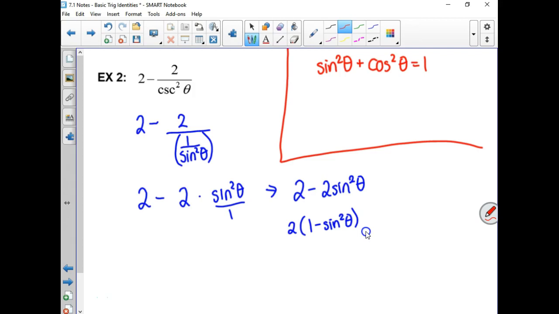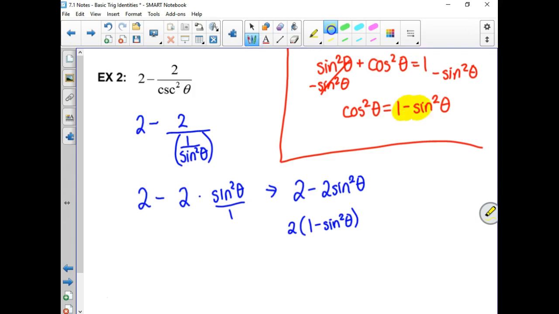So if I take this and manipulate it a little bit, if I subtract sine squared theta from both sides, then that tells me that cosine squared theta equals 1 minus sine squared theta. Now notice that these two things right here match. So that means I can replace 1 minus sine squared theta with cosine squared theta.